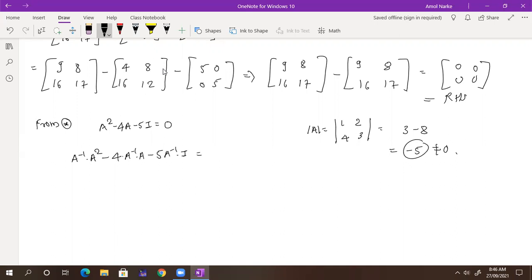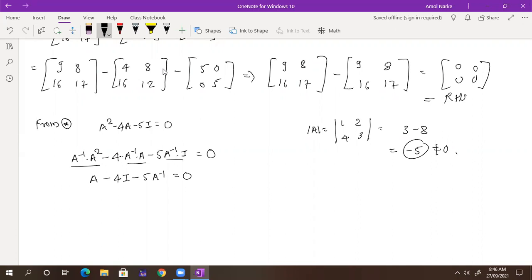is equal to 0, since 0 into anything is 0. Now tell me, what is the value of A inverse into A square? Sir, A. It is A only. Very good. Minus. What is the value of A inverse into A? Sir, minus 4 into identity matrix. Yes. And here you have only 5 into A inverse, which is equal to 0, because identity matrix into any matrix is nothing but that matrix itself.